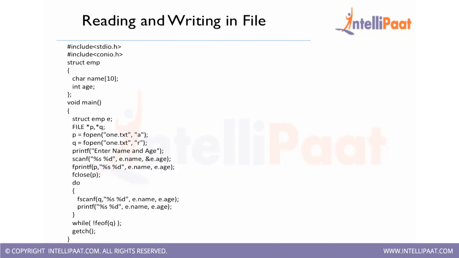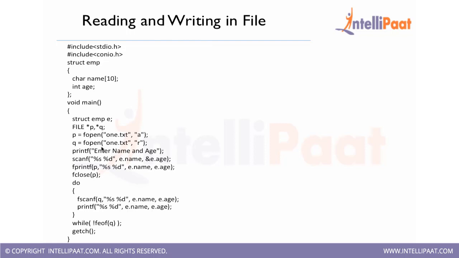So here is one more example of reading and writing from a file. In this example, we are using the fprintf and fscanf functions. We are declaring a structure and file pointers p and q. It opens the same file in two modes, one in append mode and one in read mode.